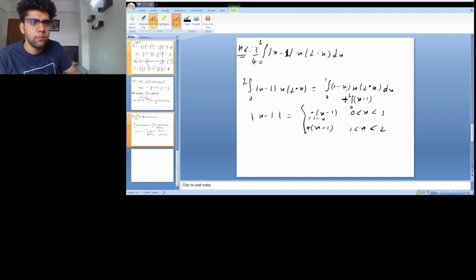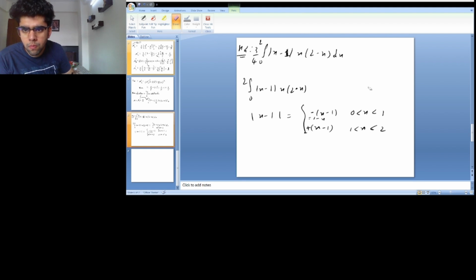no wait, let me just write this on a new page, on a new slide. I'm just erasing all of this. Right, so I'll be just using a different slide, or I'll be writing this here.